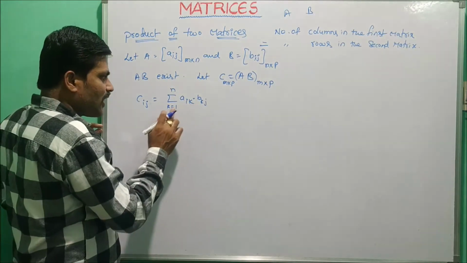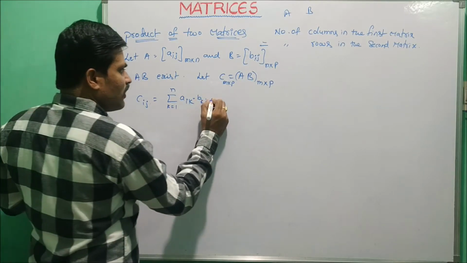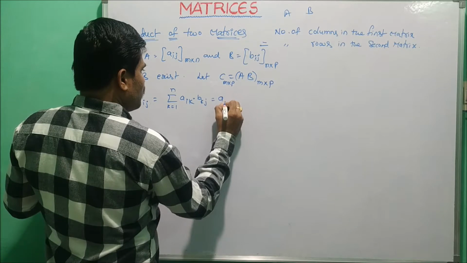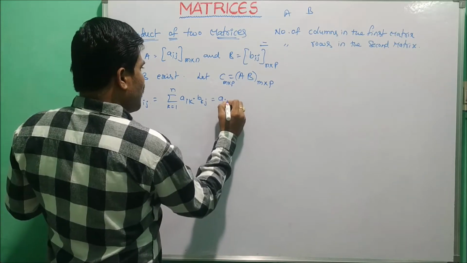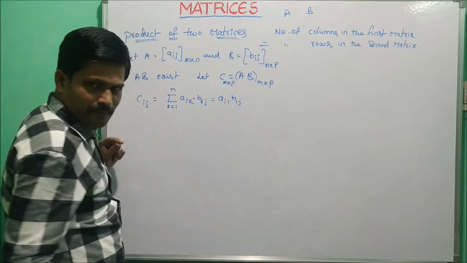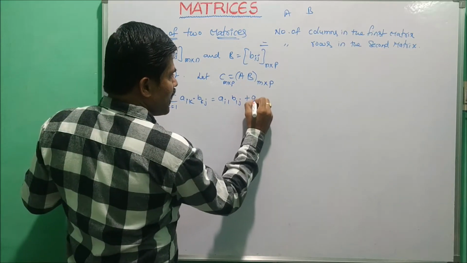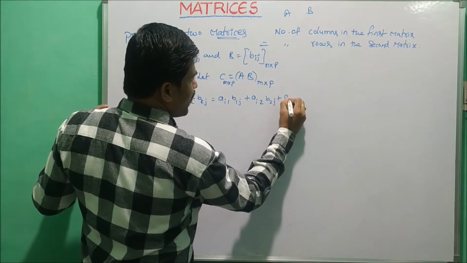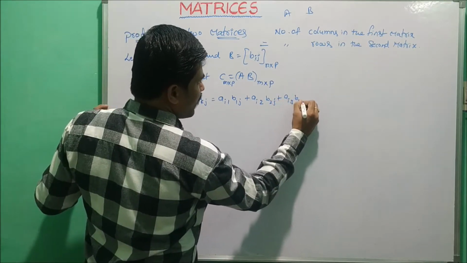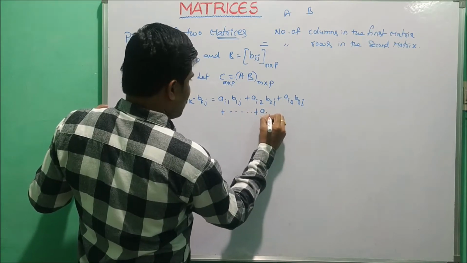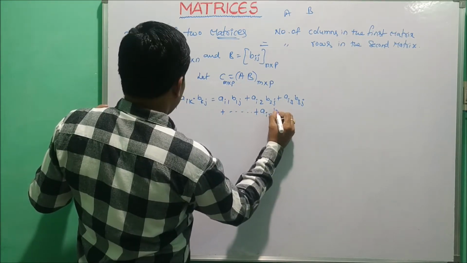Taking k equals 1, we write Ai1 B1j plus Ai2 B2j plus Ai3 B3j, and so on, up to Ain Bnj.